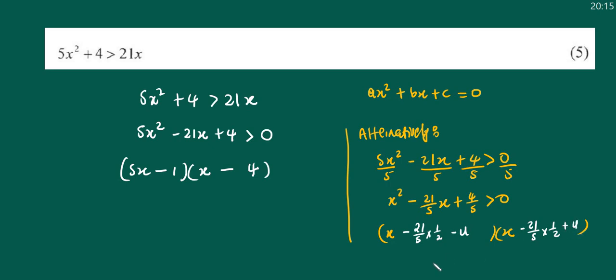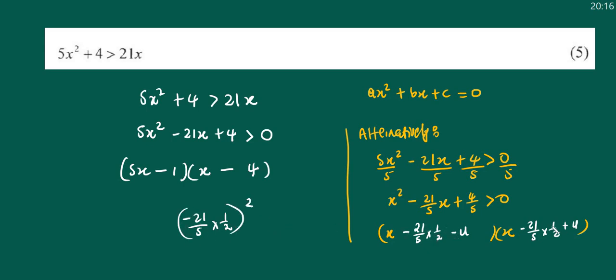Now the question is, how do you get your u? To get u, you simply multiply these using your calculator. So negative 21 over 5 times a half, multiplied by the very same thing, so I can just put it as squared.